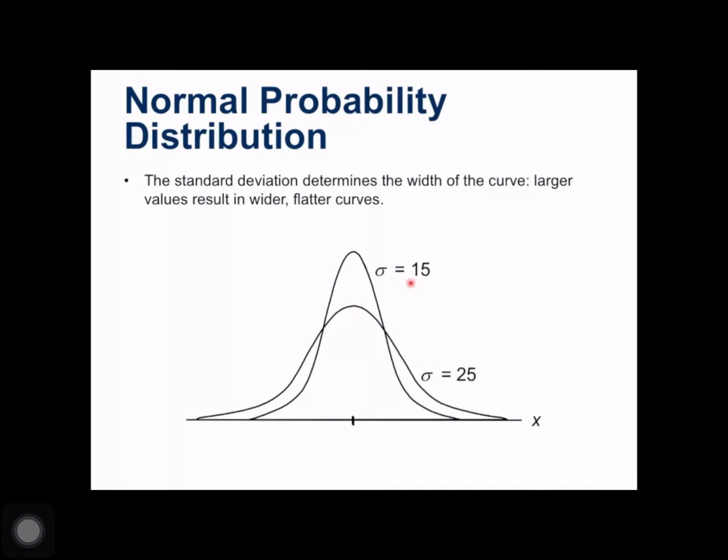So here, a variance of 15 versus a variance of 25, smaller variances will give you the shape of a distribution that's a bit more peaked and thinner. Those with larger variances and standard deviations would produce a wider, flatter curve.